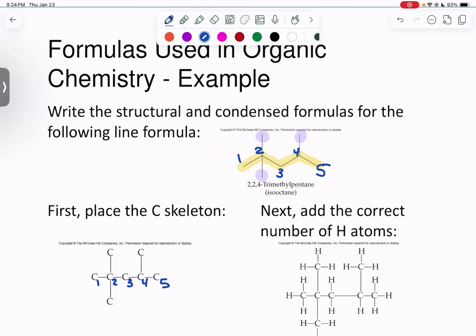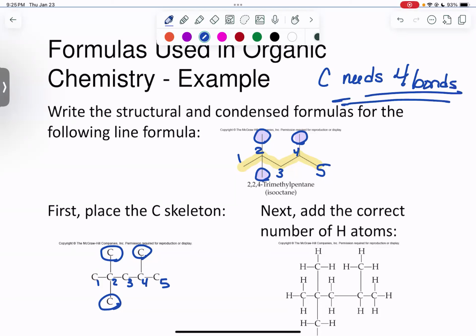Coming off of carbon number 2, I have 2 substituents, so there's 1 and there's 1. Then coming off of 4, I have a substituent, and that's where that carbon comes from. So count your carbons and keep track of them. Then all you have to do is add the correct number of hydrogen atoms to complete their octet. Just remember that carbon needs 4 bonds.